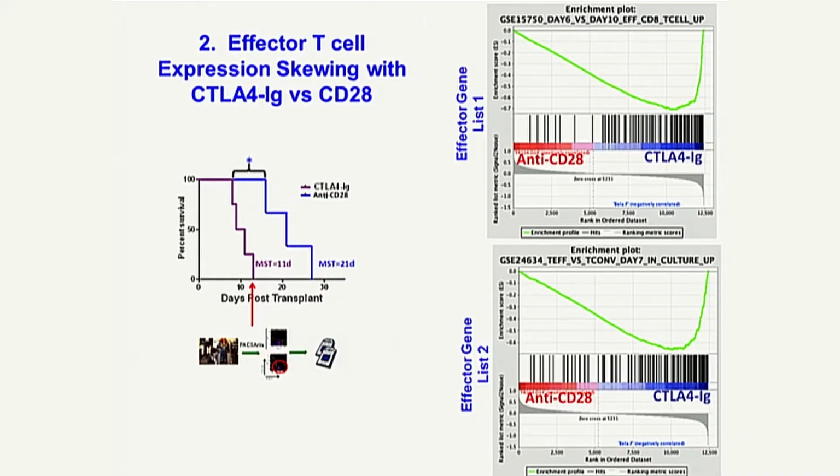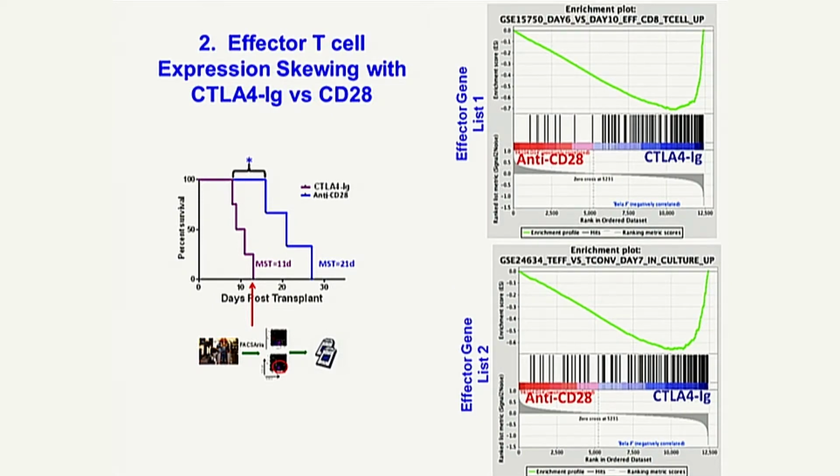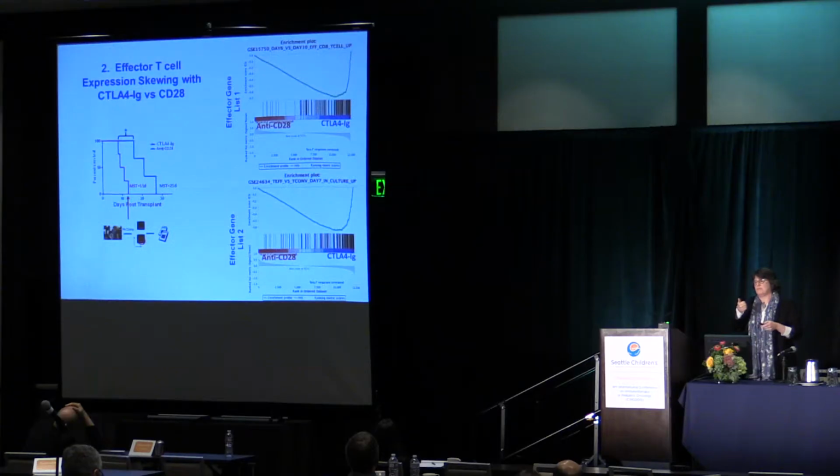If you look at this GSEA plot of anti-CD28 versus CTLA-4 Ig, here are the effector gene list 1 and effector gene list 2, and you have a lot of enrichment for the CTLA-4 Ig. Again, if you block that CTLA-4 negative pathway, not only do you get proliferation, you also get increased effector function.